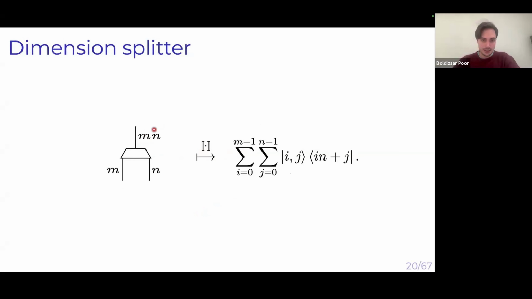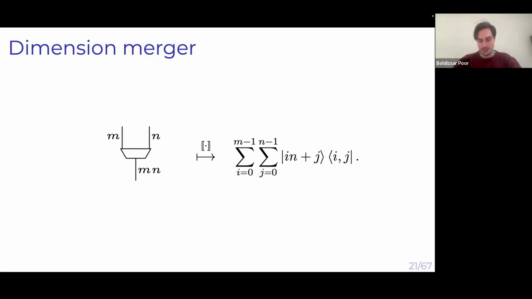This is the dimension splitter. If you input any ket j, it's going to split it into lower dimensions, m and n, where m times n was the input dimension. And then we can reason in these smaller dimensions. It also has an inverse, so these two cancel each other out.